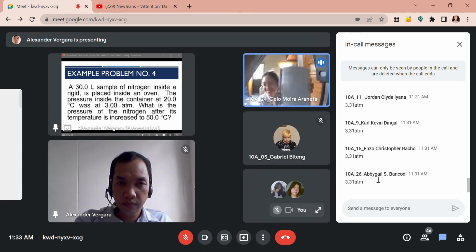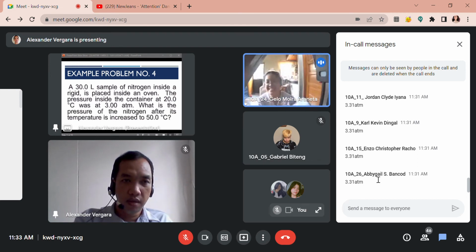This is my solution. It's messy. Okay, the given is P1 is equal to 3.00 atm and T1 is 20 degrees Celsius. T2 is 50 degrees Celsius. P2 is missing. The formula is P2 is equal to P1 times T2 over T1.